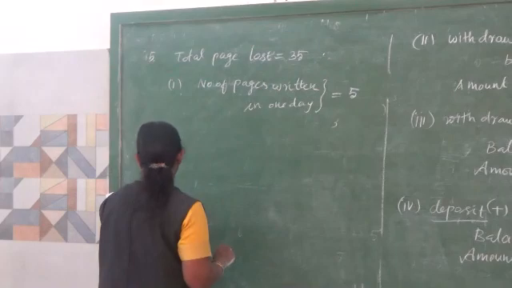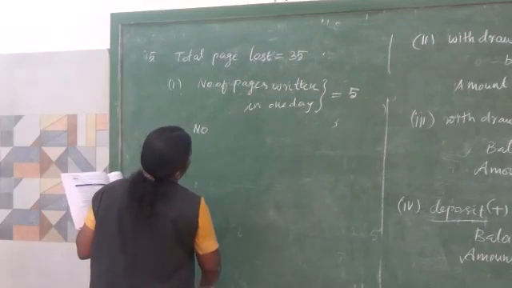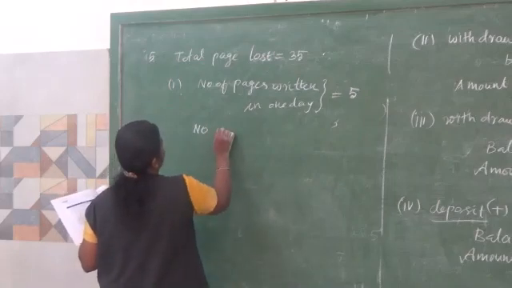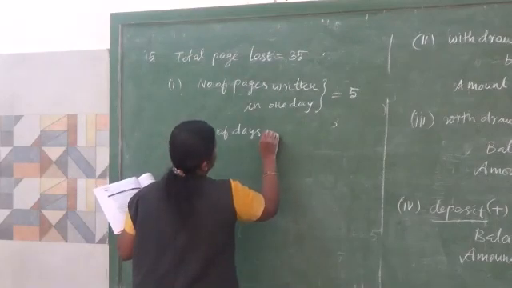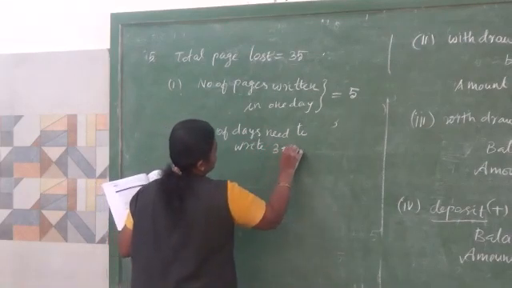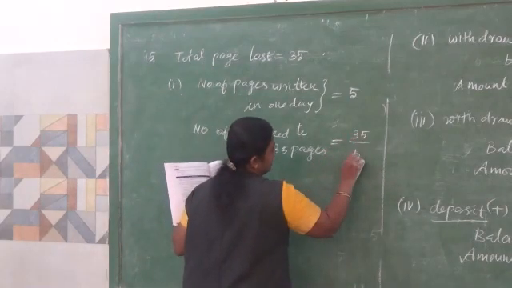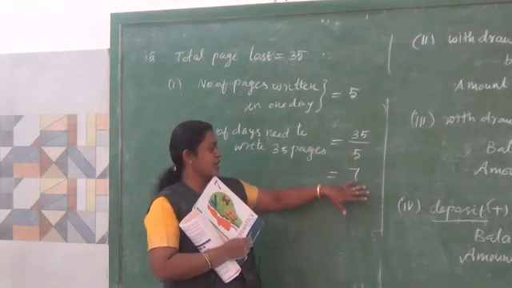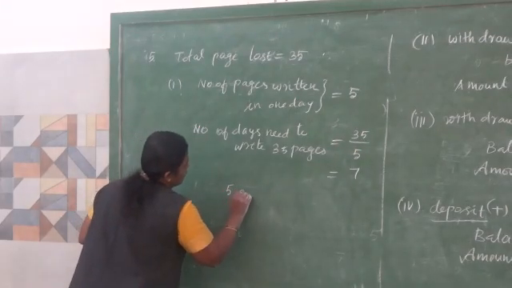How many days does he need? We have to find the number of days needed to write 35 pages. So 35 divided by 5, he needs 7 days, because 35 divided by 5 is 7. 7 5s are 35.